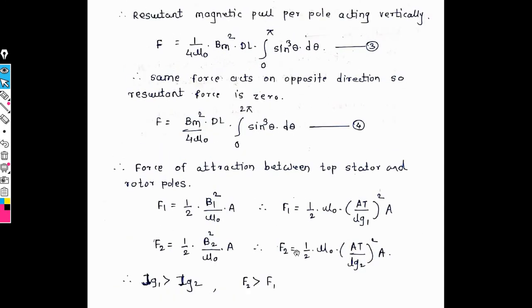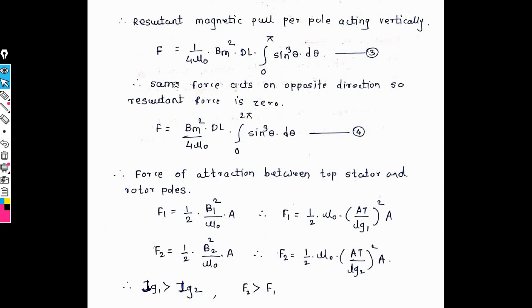Then F is equal to 1 upon 4 pi Vm square into dl, 0 to pi sine cube theta into d theta.